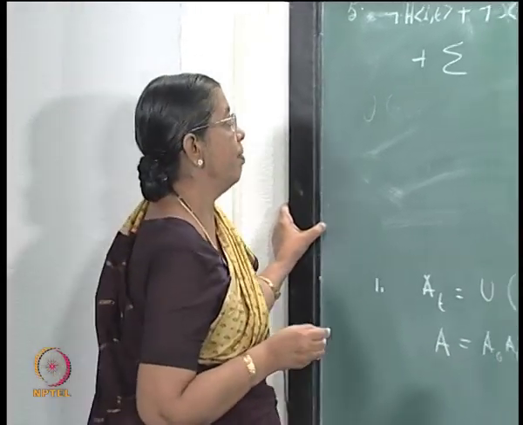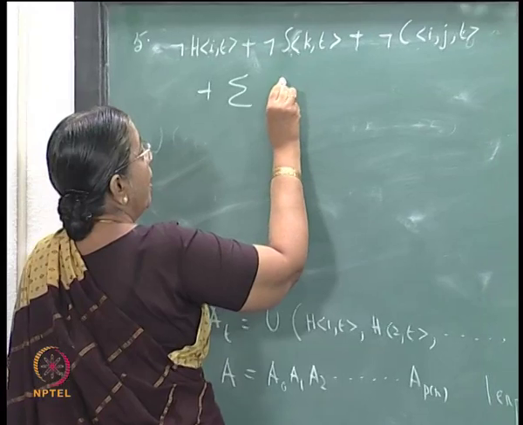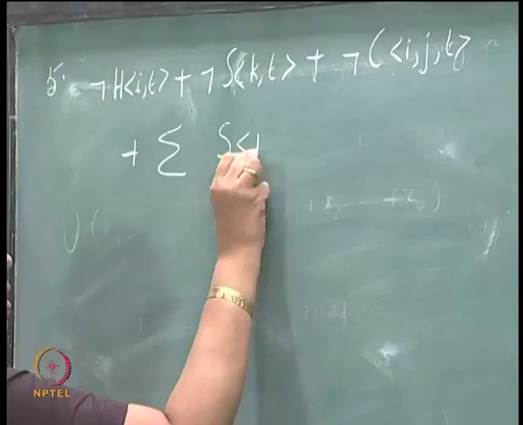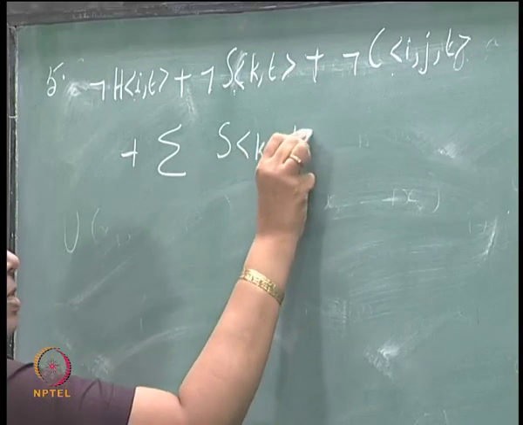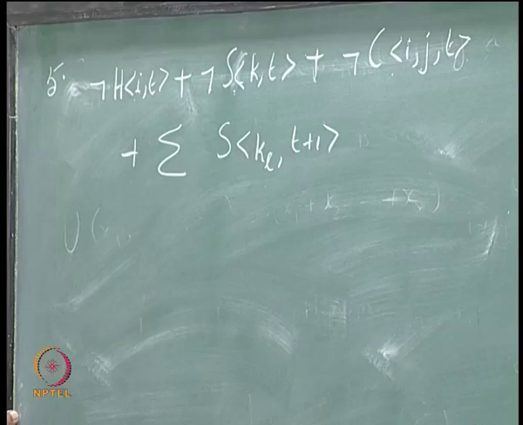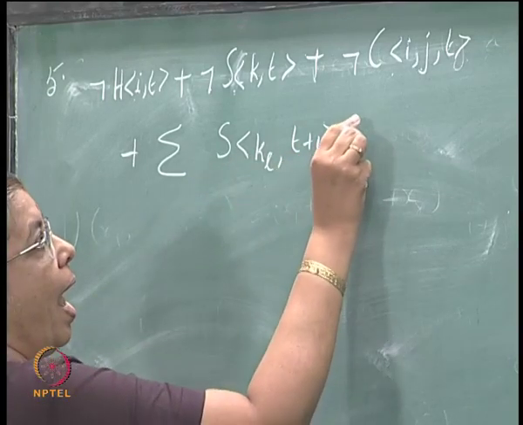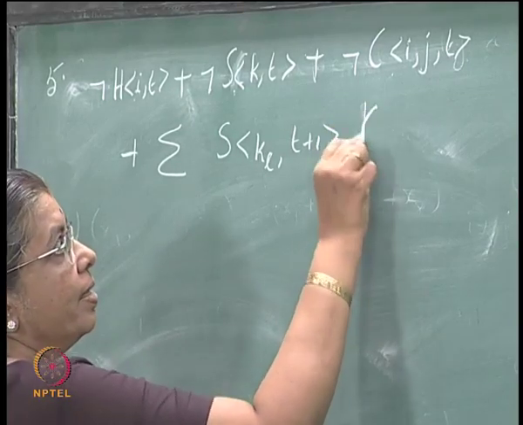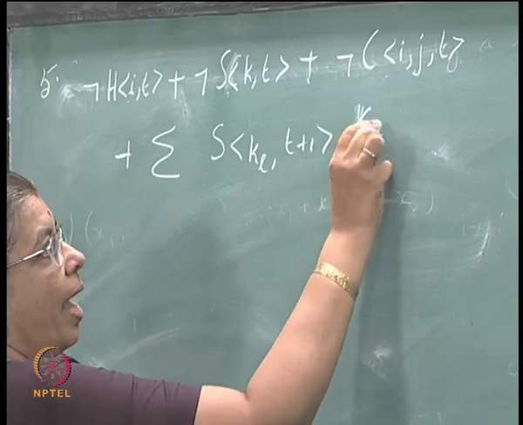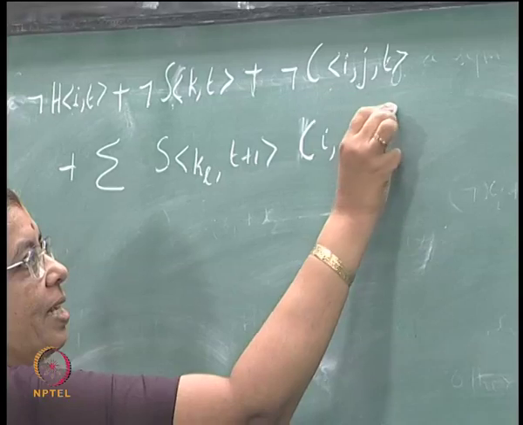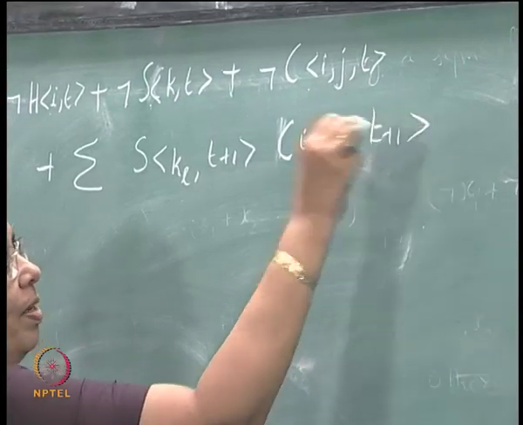Next situation will be: the state will change to some other state, S_kl at t plus 1, right, that is represented by kl, and the ith cell will contain some other symbol at time t plus 1.